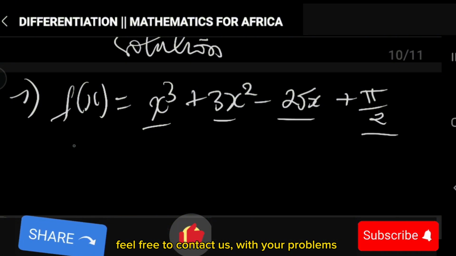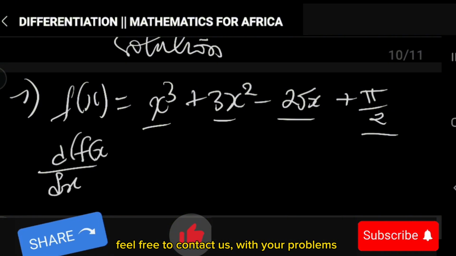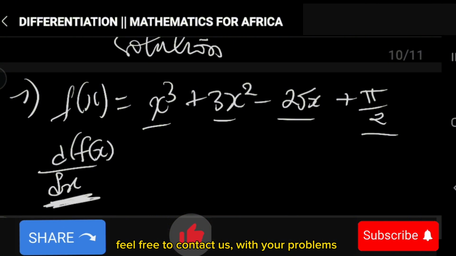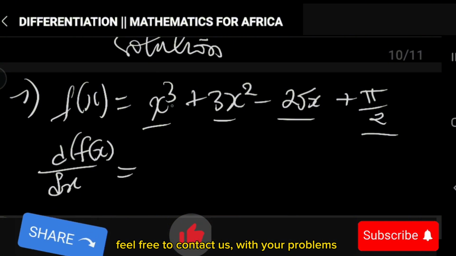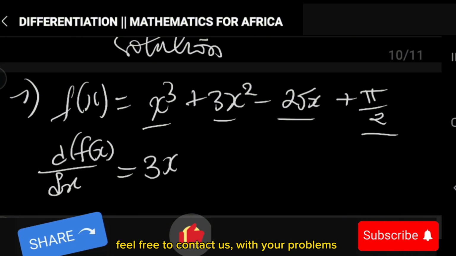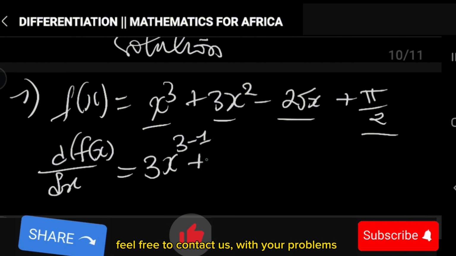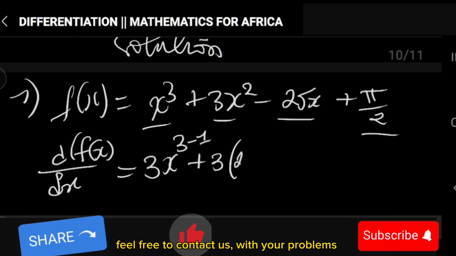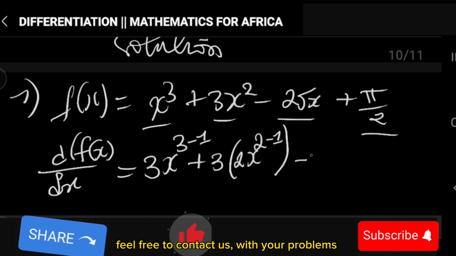That is how you do it. So the derivative of f of x with respect to x will be equal to, our n here is 3, so we bring down the 3, we write our x, then we subtract 3 by 1, plus this one, we put in bracket, we bring down the 2, we write our x, we write 2 minus 1.